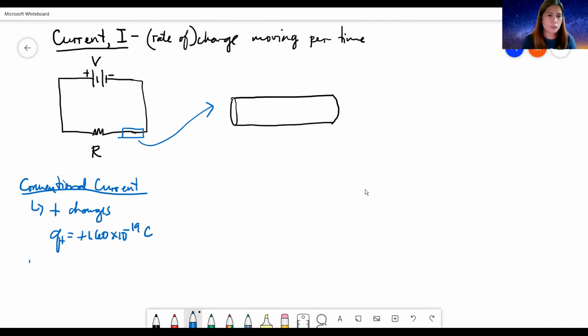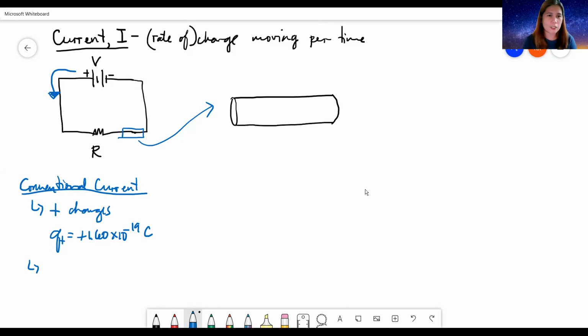And then the motion of the positive charges would be, since it's positive, it gets repelled by the positive terminal of the battery. So parang you can think it that way para hindi kayo malito. So it comes out from the positive being repelled by it. Ayan.